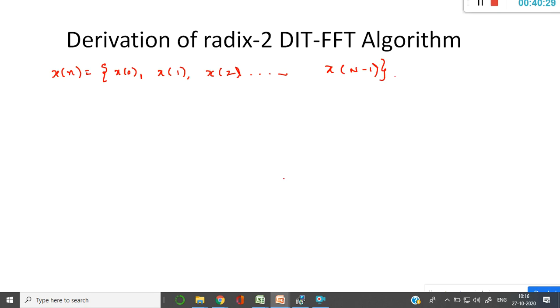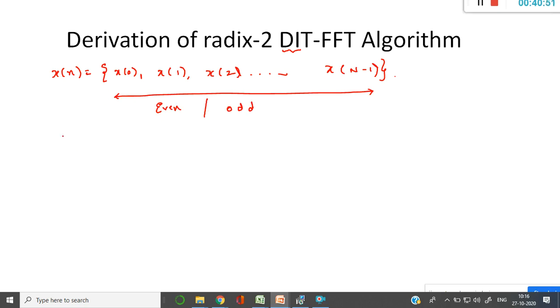Now what we do is, anyways, it is decimation in time. What you mean by decimation is nothing but to divide. In what way are we trying to divide? We try to divide this entire sequence into the even sequence and the odd sequence.